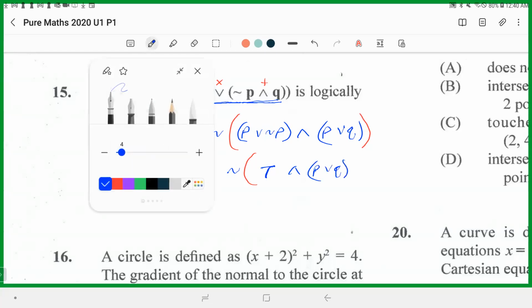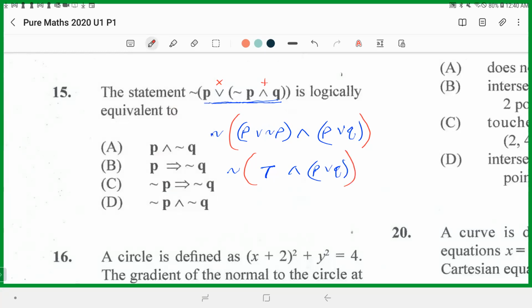What I have realized now is that true and whatever this is becomes that same thing. Because look, if this is true, then true and true is true. So the result is whatever this is. And if this is false, true and false will be false. So again, the result inside here is whatever this is.